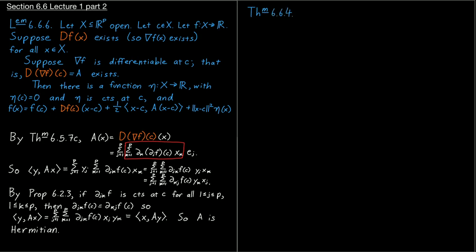We're going to prove the analog to the second derivative test. So let X be an open subset of R^p, c is a point in our open domain, f a function from X to R, and let's suppose that c is a critical point.